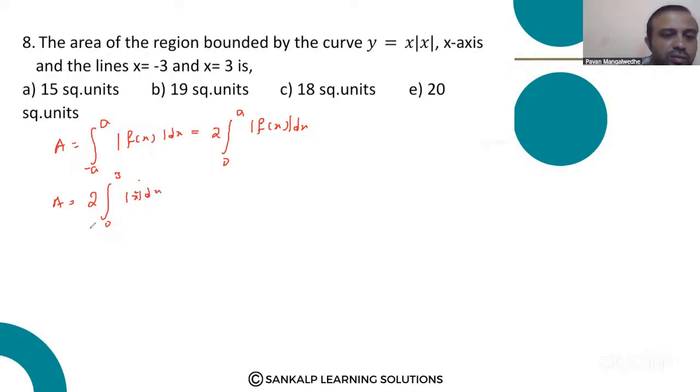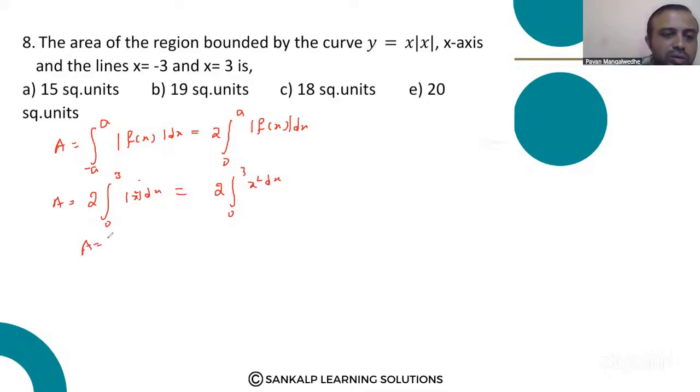Because we already know that x square is greater than or equal to 0 for all x, the absolute value is x square. So A is equal to 2 into the integration from 0 to 3 of x square dx.